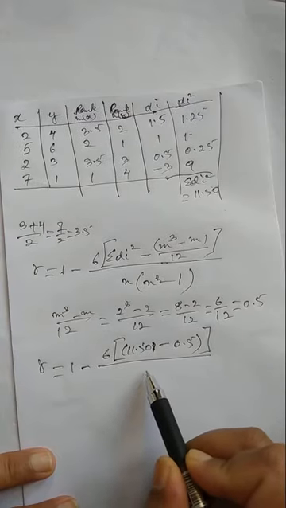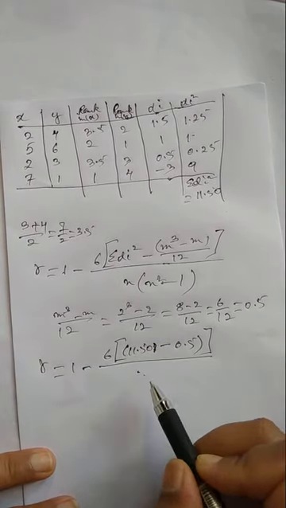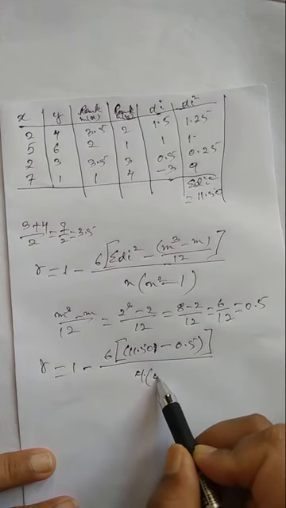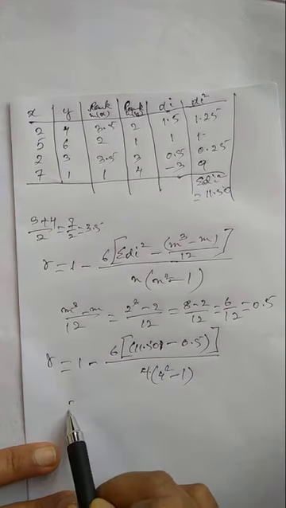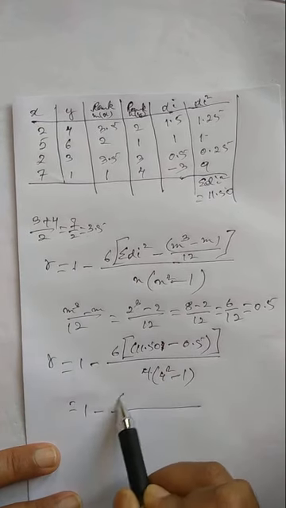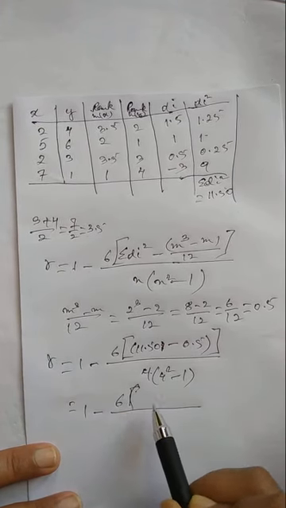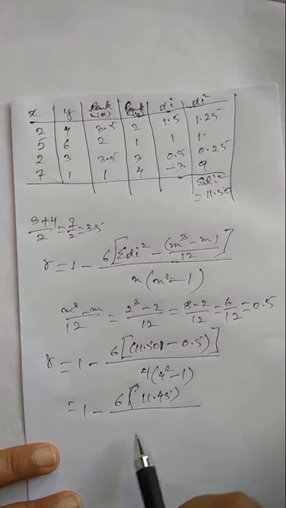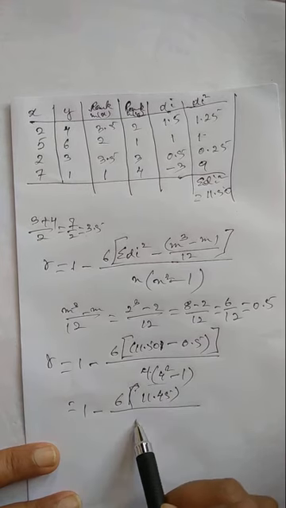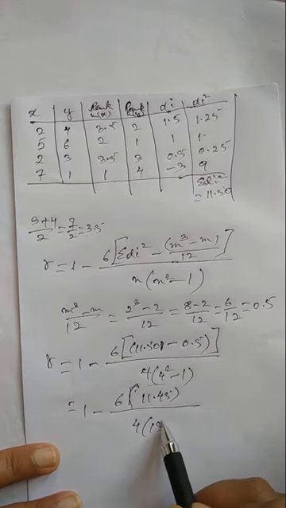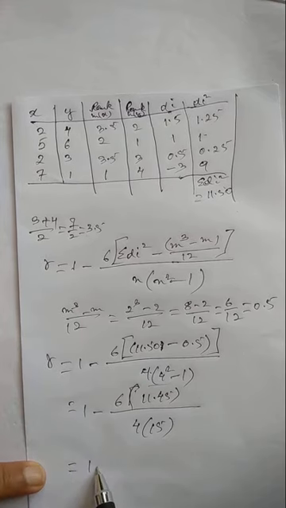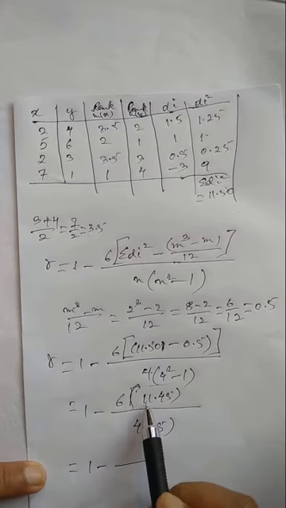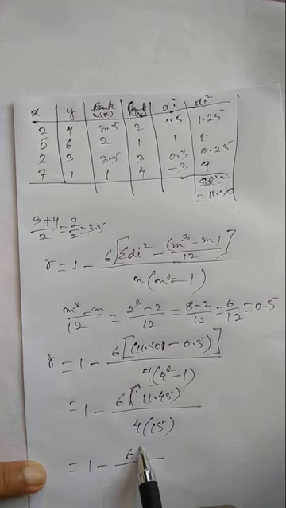Divided by n, which is 4, square minus 1, which is equal to 1 minus 6 times 13, which gives you 78, and this is 60.